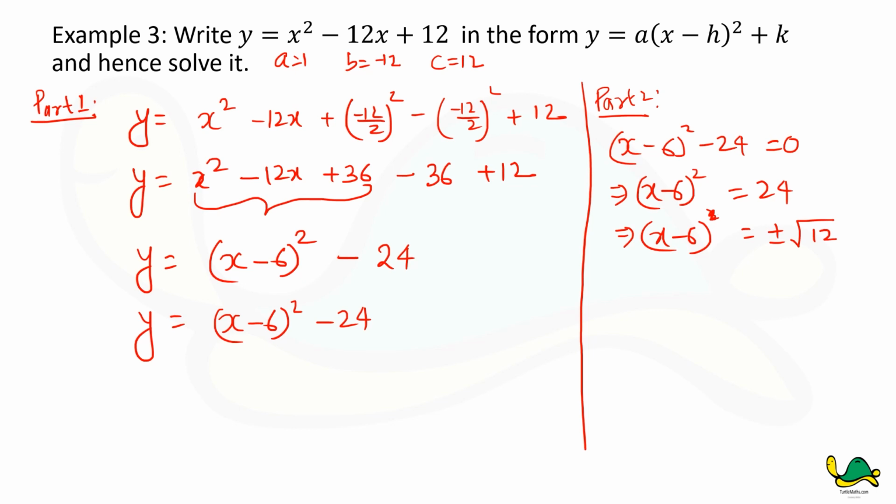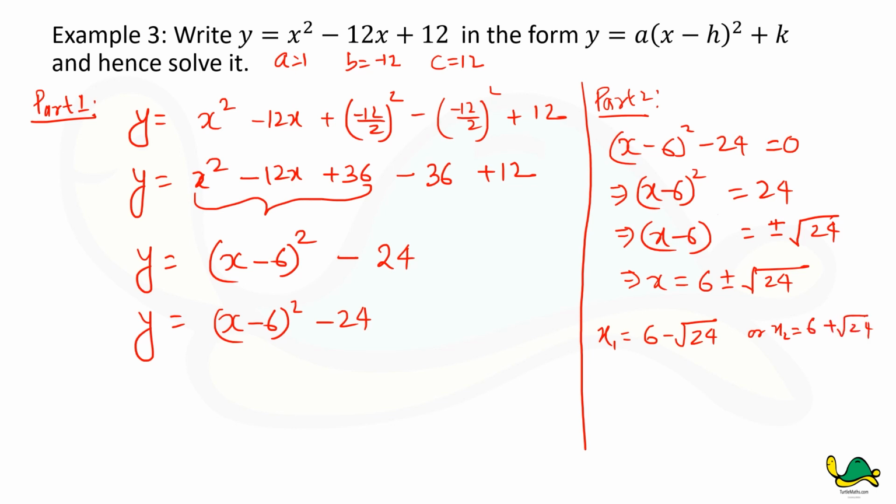Oops, I'm making quite a few mistakes. We'll have plus and minus root under 24, and then x is equal to 6 plus minus root under 24. So my two roots are: x1 would be 6 minus root under 24, and x2 would be 6 plus root under 24.